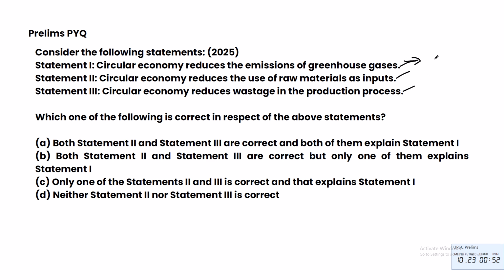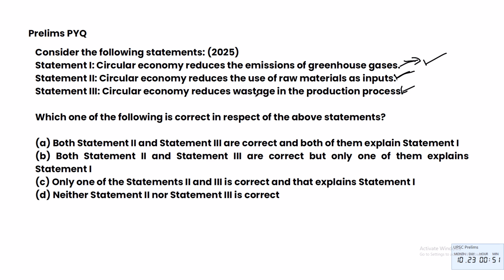So it eventually reduces the emission of greenhouse gases. Circular economy reduces the use of raw material as input because usage is very high. It's repeatedly used, so because of this, raw material input is much less. It reduces wastage in the production process because here again products are reused.